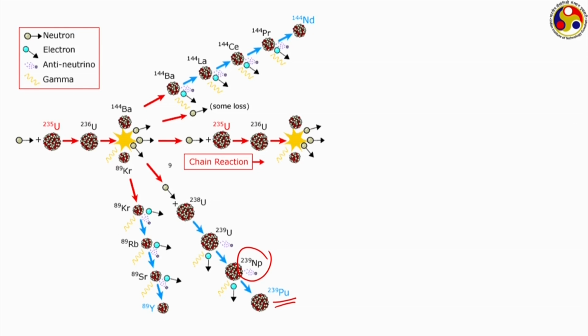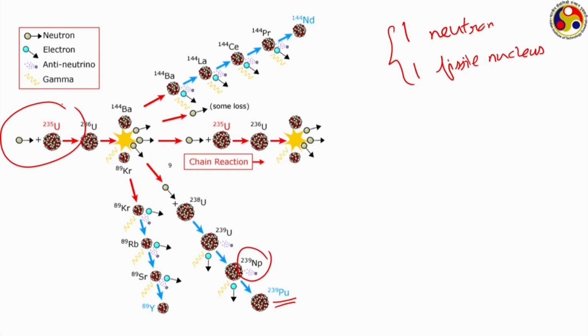Just see here, we have started with one neutron, we have just started this with one fissile nucleus, and these are the two things we had initially to start with.